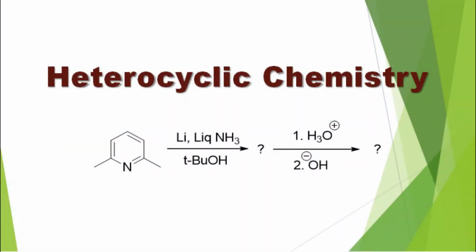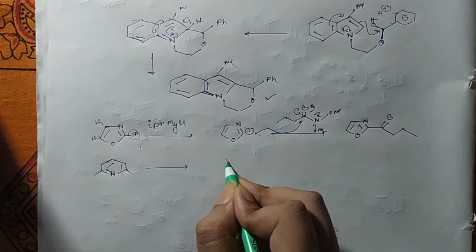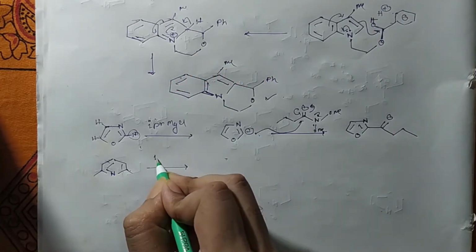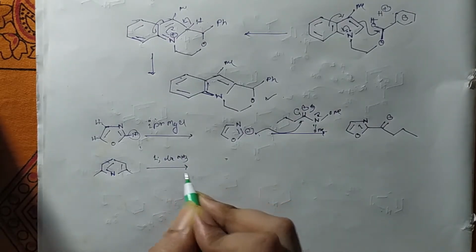Now the next example is, at first, the Birch reduction of the substrate pyridine is carried out. I have previously told you that the electron, which is the reagent in the Birch reduction, only attacks the ortho and the para carbon. So I am just writing the product. Here the reagent is lithium and liquid ammonia.